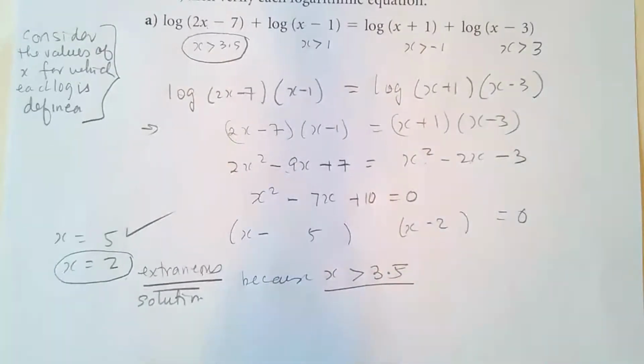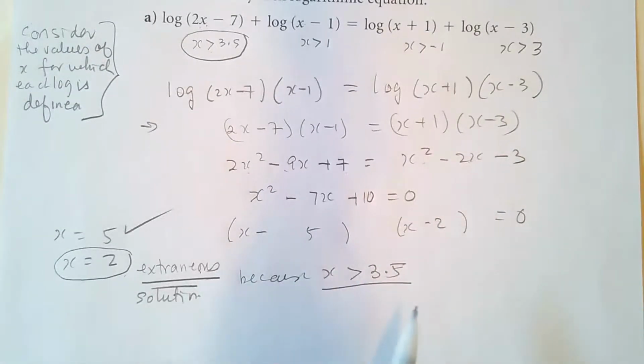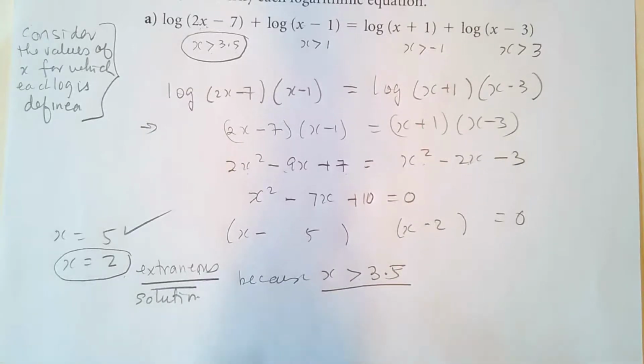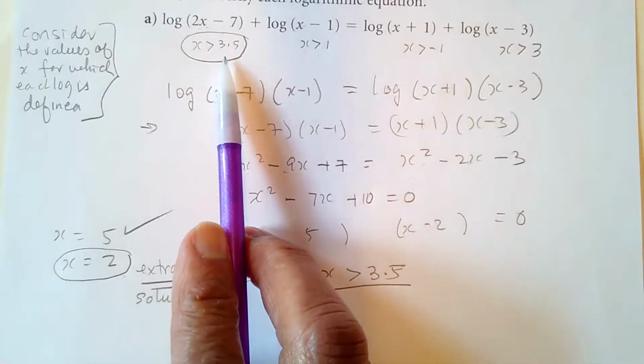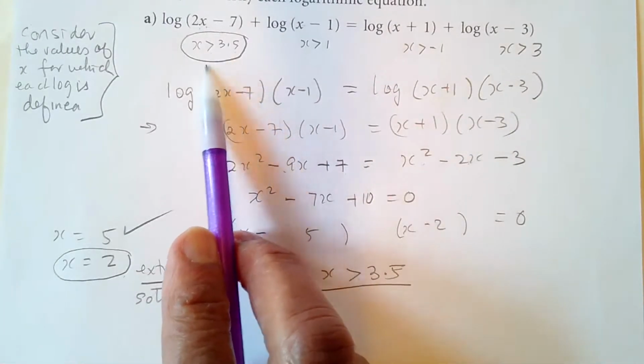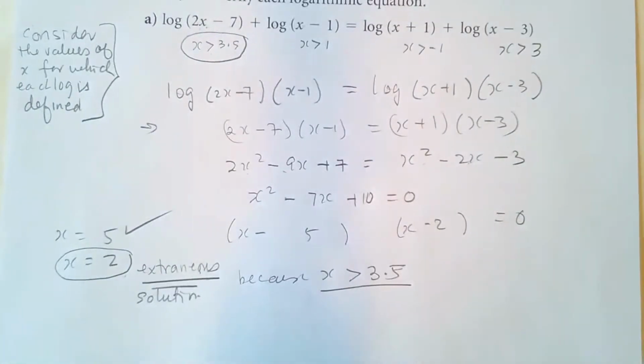So far, you didn't encounter any question of this kind, but that's one of the reasons for doing it, so you can actually see the times when finding the values of x for which each log is defined is extremely critical to find the extraneous solution.